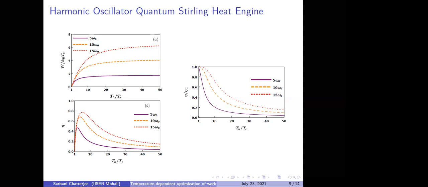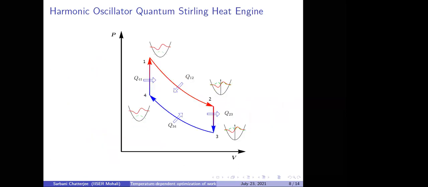Sarbani, sorry, I have one more doubt. When you say the temperature of the system, are you considering the states to be thermal states? I mean, all the levels to be occupied with some population proportional to the Boltzmann factor? No, actually, in this work, we were dealing with only the lower temperature limits.